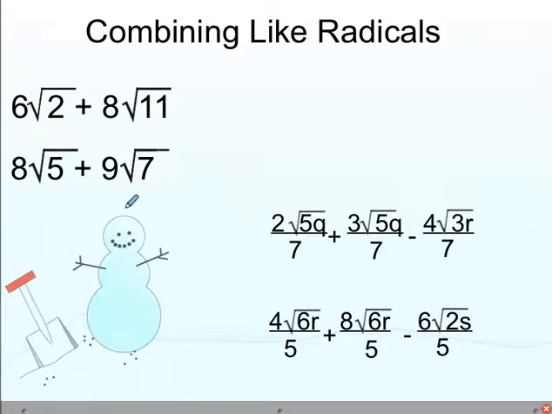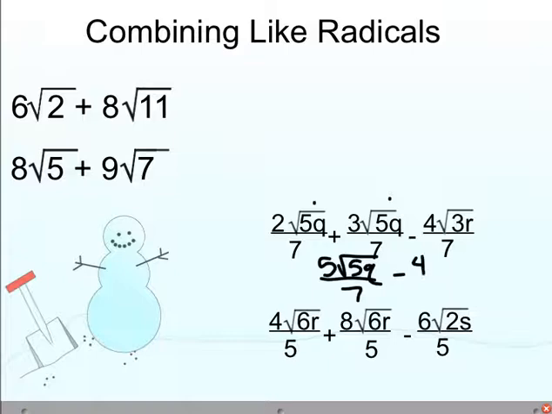Let's try these two, though. 2 over 7 root 5q plus 3 root 5q over 7 minus 4 root 3r over 7. One thing that's good is that we do have common denominators here of 7. But we need to look at our radicals, and we see we have 2 of the same, root 5q and root 5q. So we can add those to get 5 root 5q over 7.